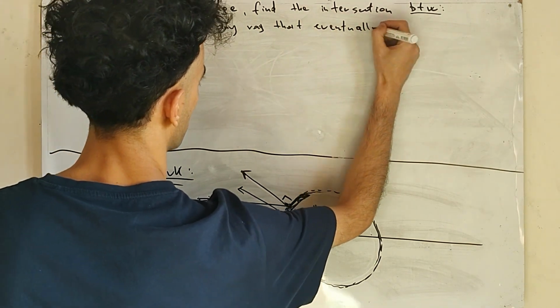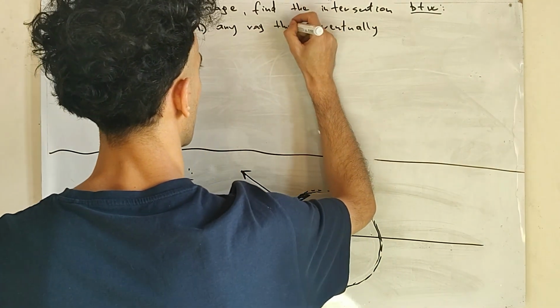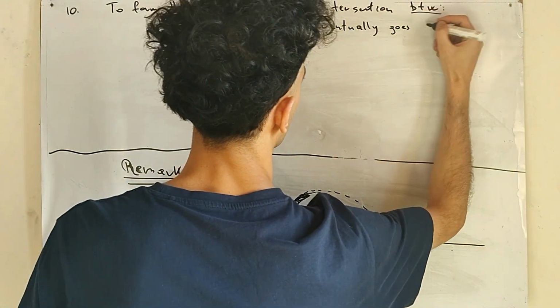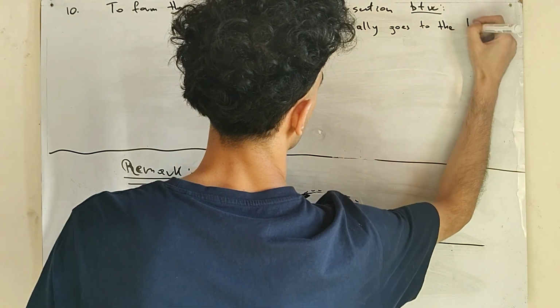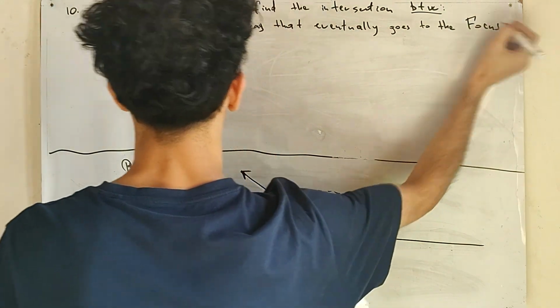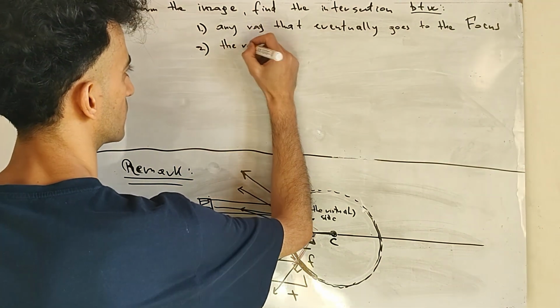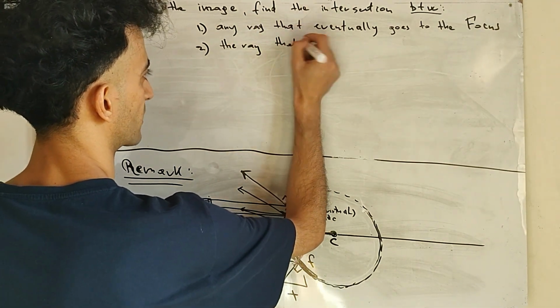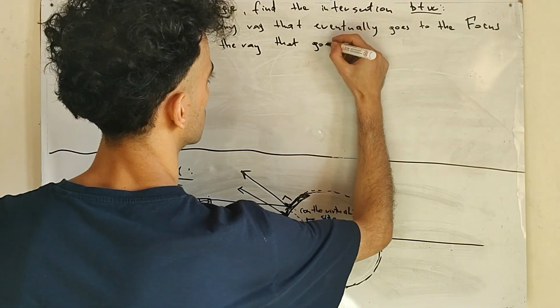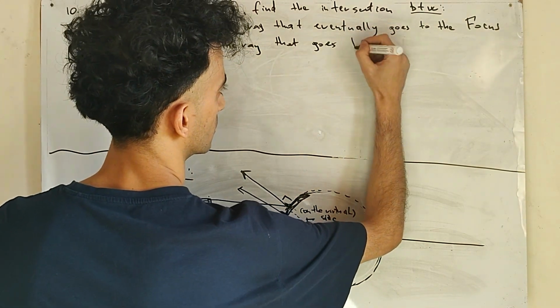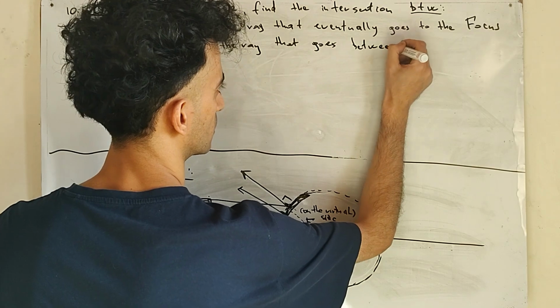We know which ones are those. In your ray diagram, the ray that eventually goes to the main focus. And another one, the ray that goes between the object and the center.